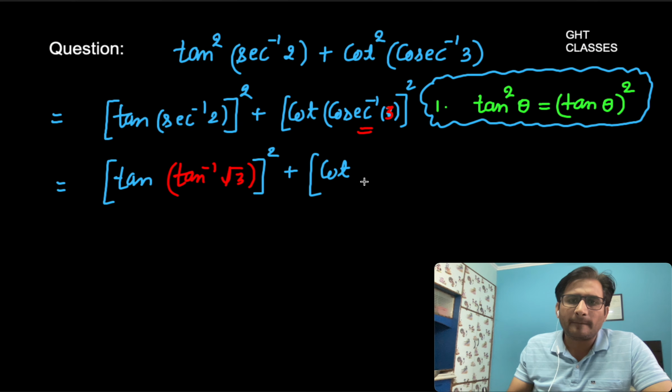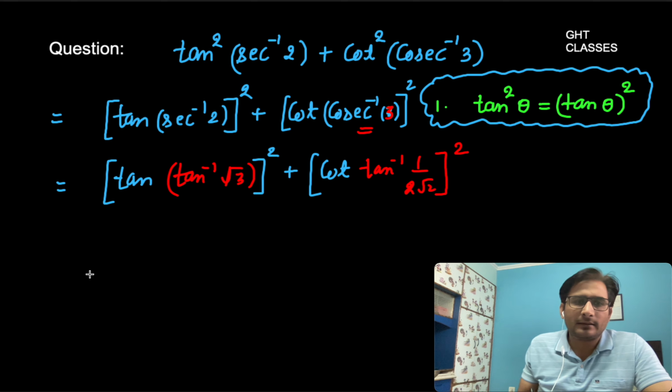So put it here, tan inverse 1 by 2 root 2 whole square.